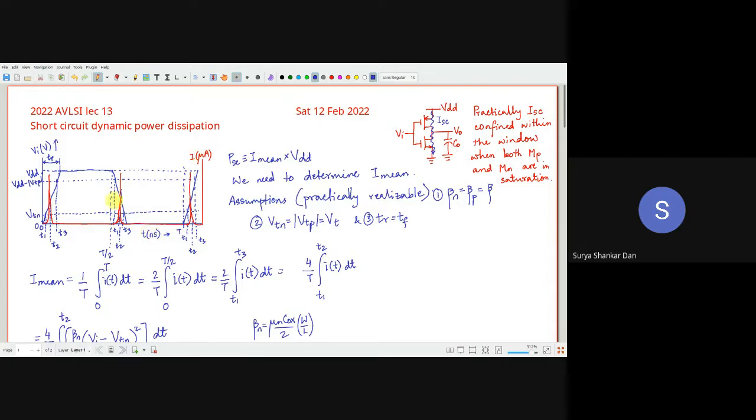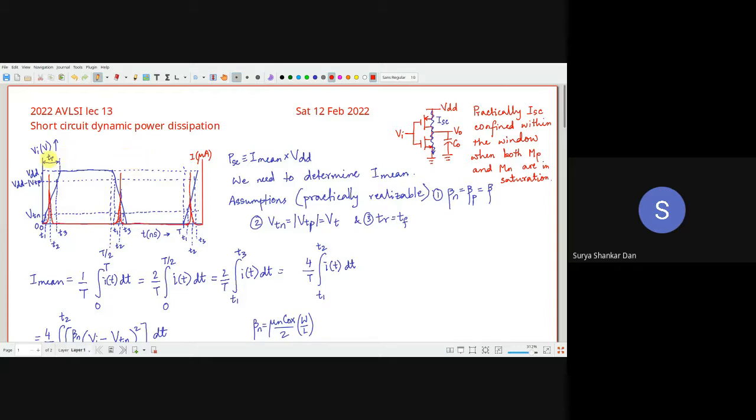The input voltage is supposed to go from 0 to VDD and VDD to the ground. But in the earlier switching analysis, instead of Vi as a function of t, we were looking at Vo as a function of t, in which we had an assumption that Vi was instantaneous.